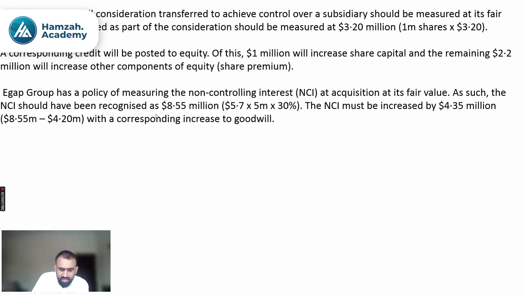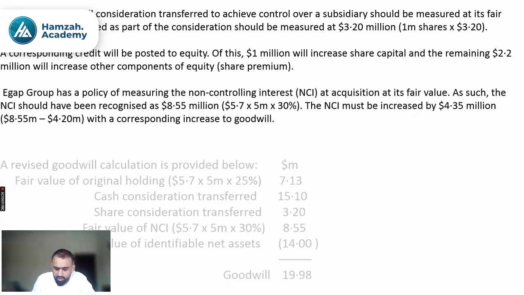So the value of the NCI at the date of acquisition should be 8.55 million. But what they recorded at the date of acquisition was the NCI at 4.2 million, which is 14 million fair value of the net assets times 30%. But the value of the NCI should be 8.55. So there will be an increase in the value of NCI at the date of acquisition of 4.35 million.